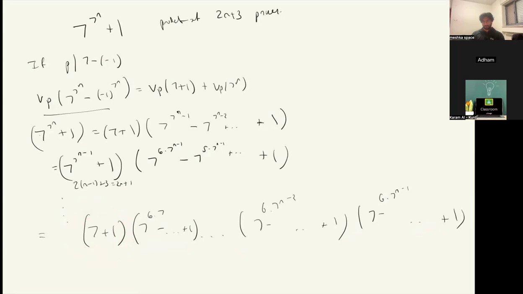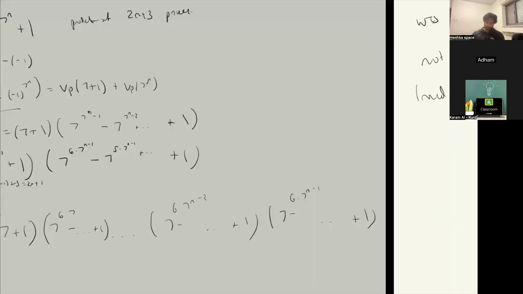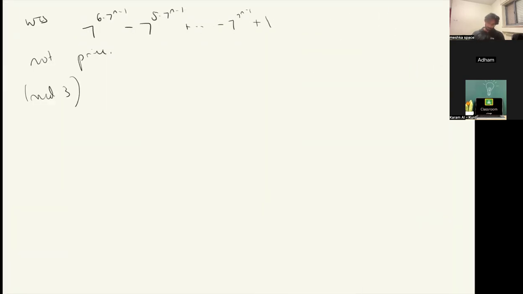Now we know that if n is odd, then x plus y divides x to the n plus y to the n. But can we extend this: if we have x1 and x2 up to xm and n odd, then x1 plus x2 plus up to xm divides x1 to the n plus x2 to the n plus up to xm to the n?